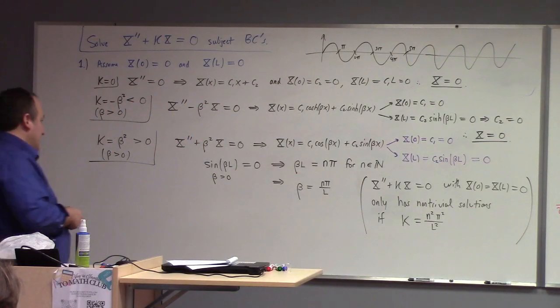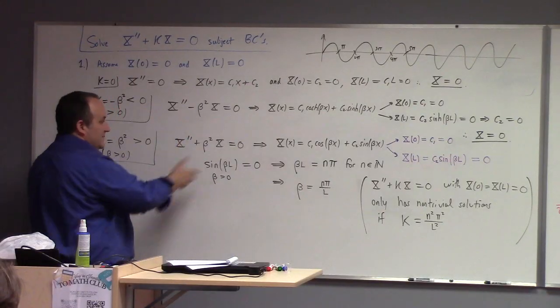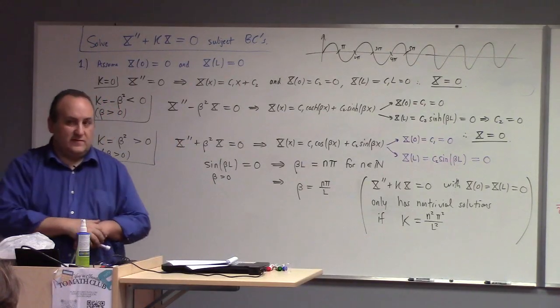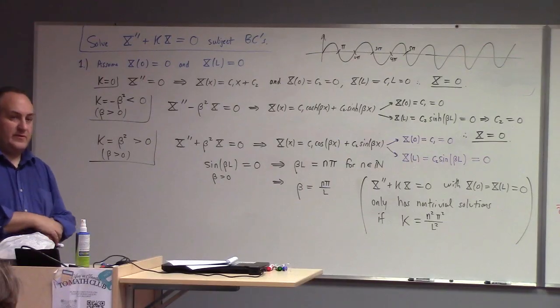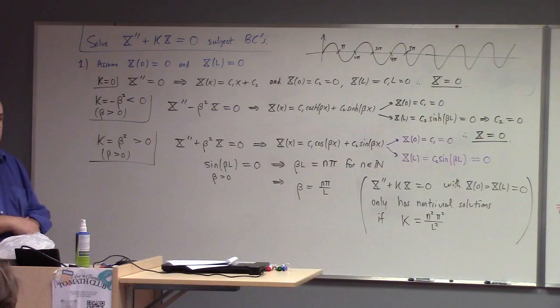So what we find is that as we go looking to solve these, some of them have solutions, but only for a very particular choice of k. But the cool thing is we found not just one solution, but in fact a whole countable family of them, right?